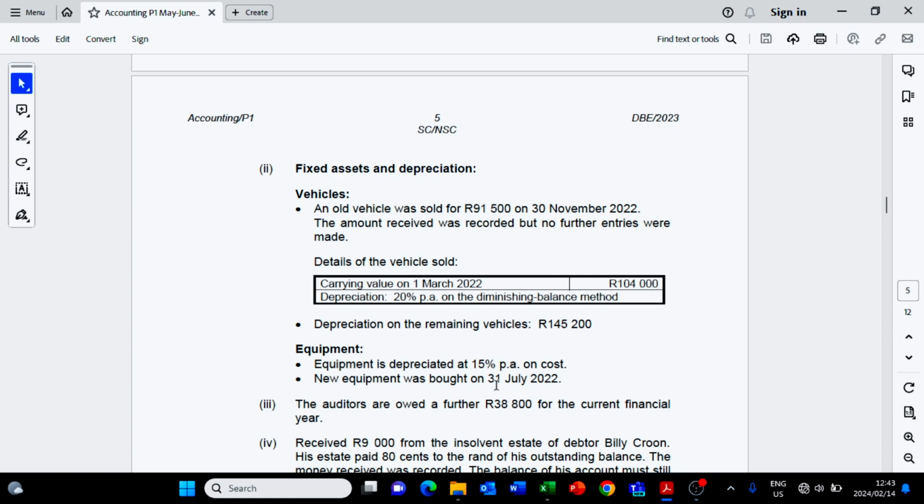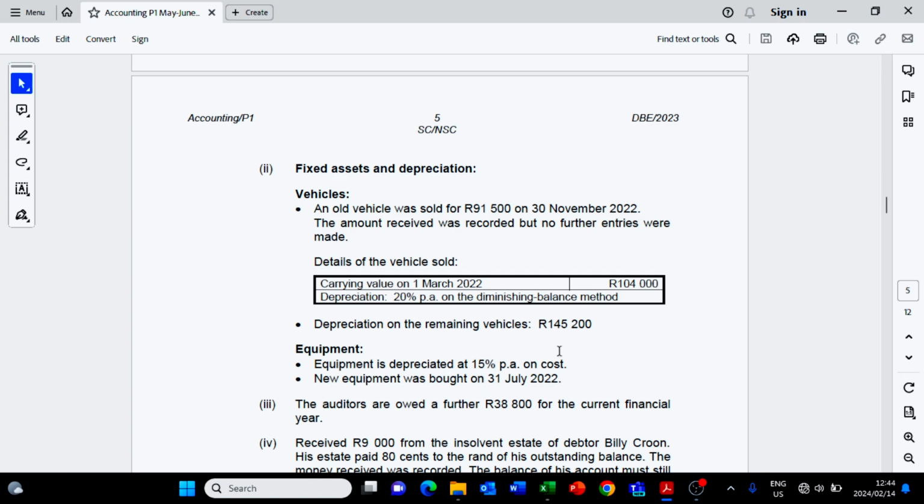We are going to start on August, because it was bought on 31 July. So August, September, October, November, December, January, February, which is going to be 7 months.